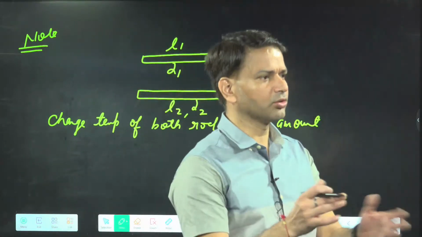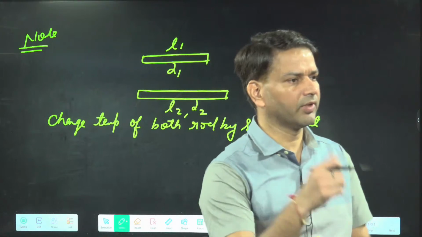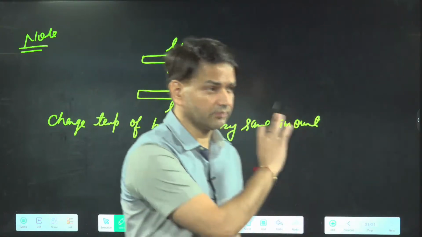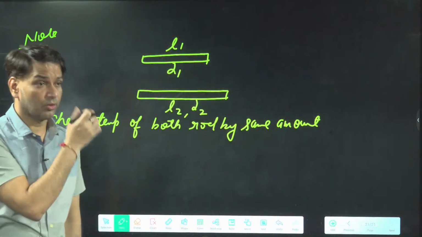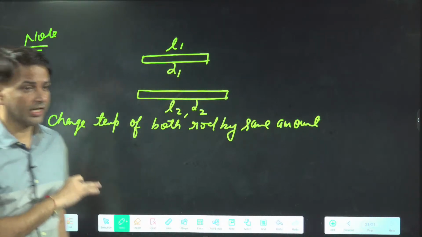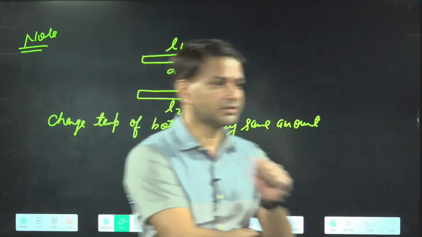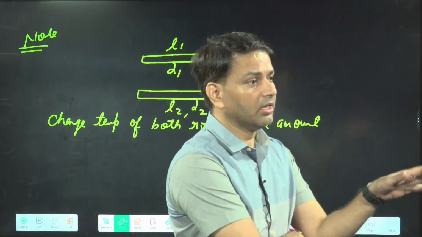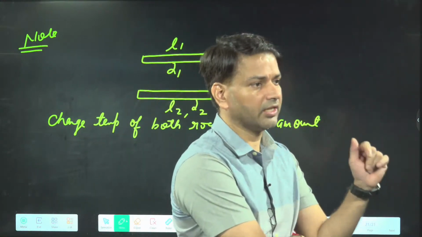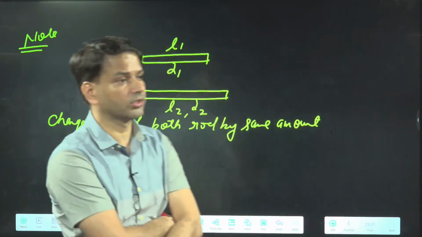And they ask directly a question, like the length ratio is given, they ask the alpha ratio, for this condition. So they have given different lengths, they are made of different materials, but if I'm saying by changing their temperature by the same amount, their difference does not change. What is the condition for that?